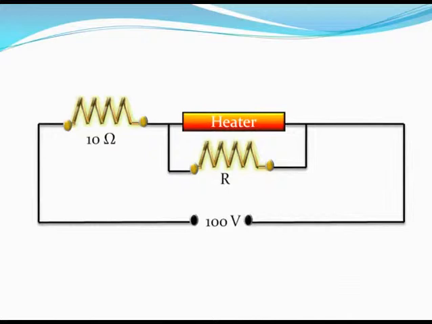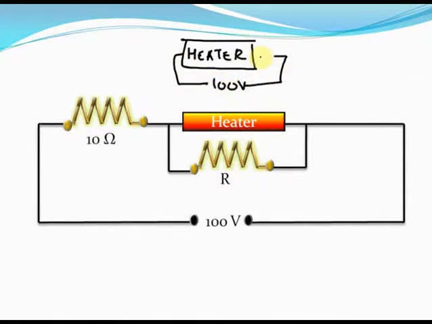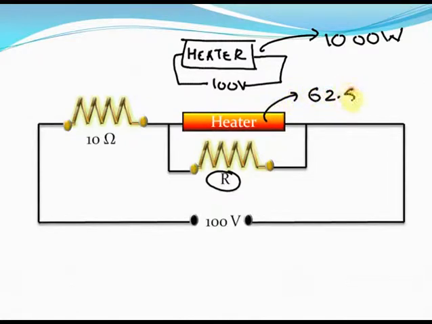Now it is given that when the heater is connected only to a 100 volt voltage source, that is, if this heater was directly connected to a 100 volt voltage source, the power dissipated in the heater is 1000 watts. We have to find the value of resistance R such that the power dissipated in the heater is 62.5 watts.